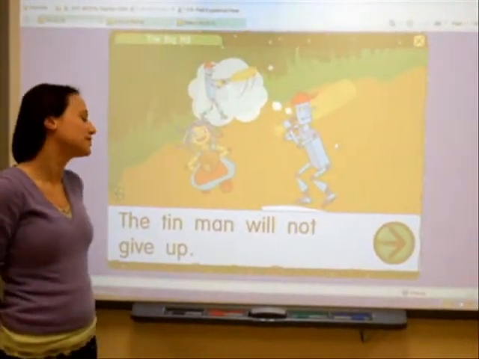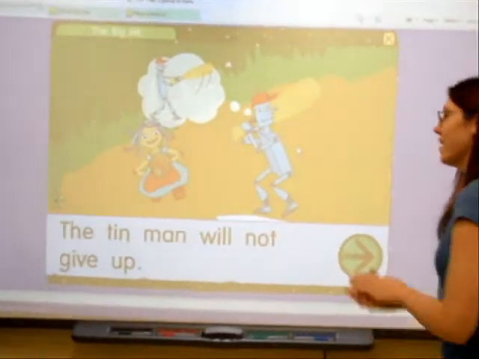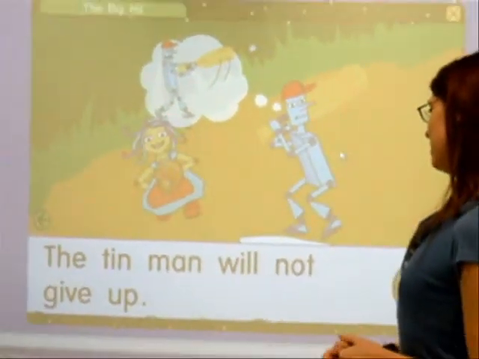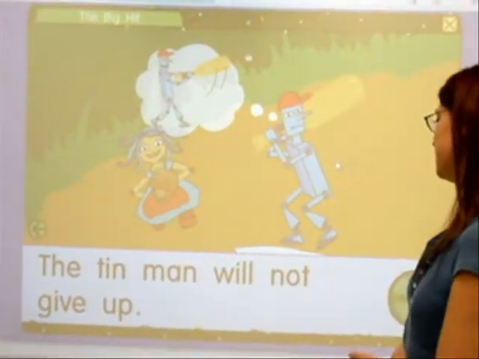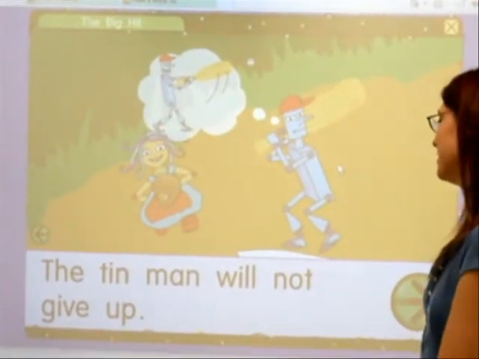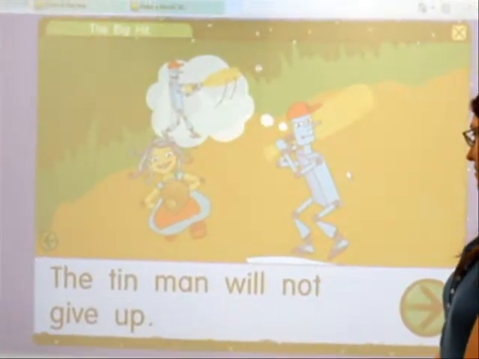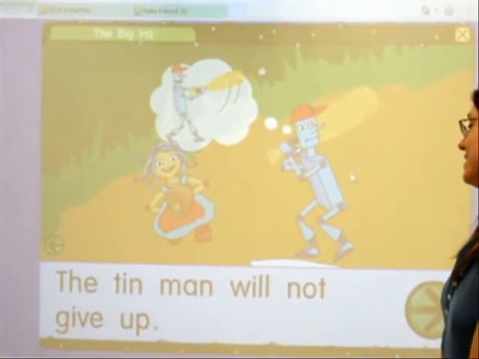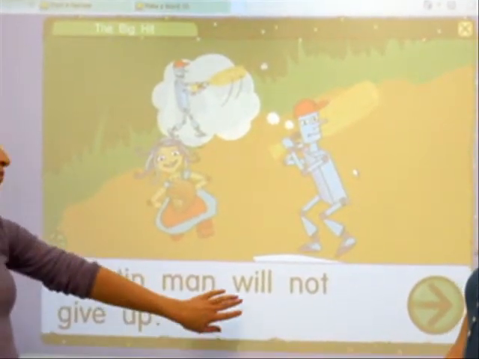Crystal, will you come up and read the sentence to the class? Sure. The Tin Man was, I don't know. What do we do when we don't know how to say a word? Sound it out. And on here, the computer will help us.